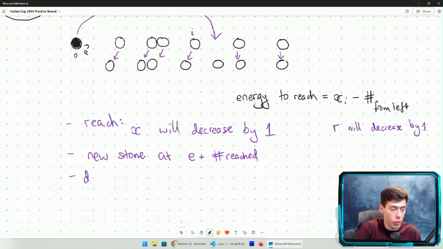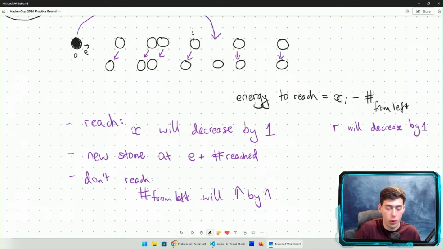So if we don't reach a stone, the number from the left will increase by 1, and so R will decrease by 1 either way. So the energy you need to reach each stone on the board will decrease by 1 as you throw this new stone.